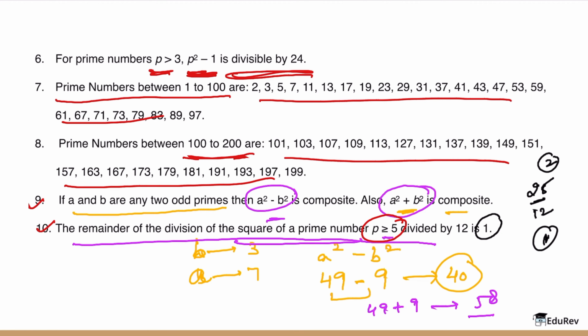So I hope you understood what a prime number is and some of the properties of prime numbers which I have told you. Now why these properties are important is because sometimes, suppose you have learned the prime numbers between 1 to 100.